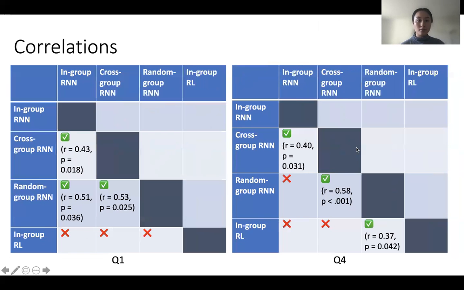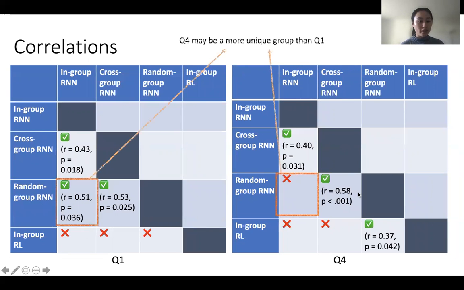In terms of correlations, for Q1, in-group RNN correlated with random group RNN really well, which shouldn't be the case. So this would suggest that, again, Q4 may be a more unique, more coherent group than Q1.